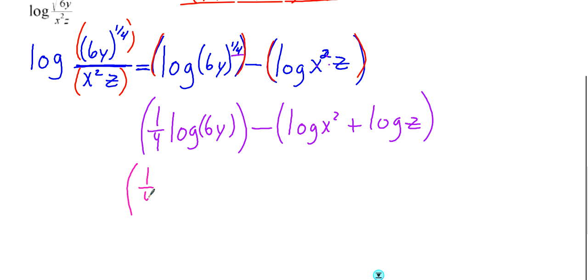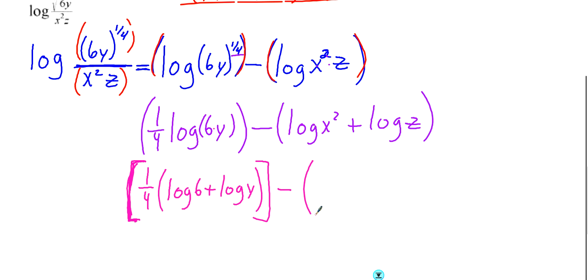So I'm going to end up with 1/4 parentheses, and I'm separating this, the log 6 plus log y, and I'll put these outside ones as brackets so you can tell, minus parentheses, and that's those parentheses, and now we move this power, so 2 log x plus log z, and that's our final condensed logarithm. And again, it should look kind of like what we started with.